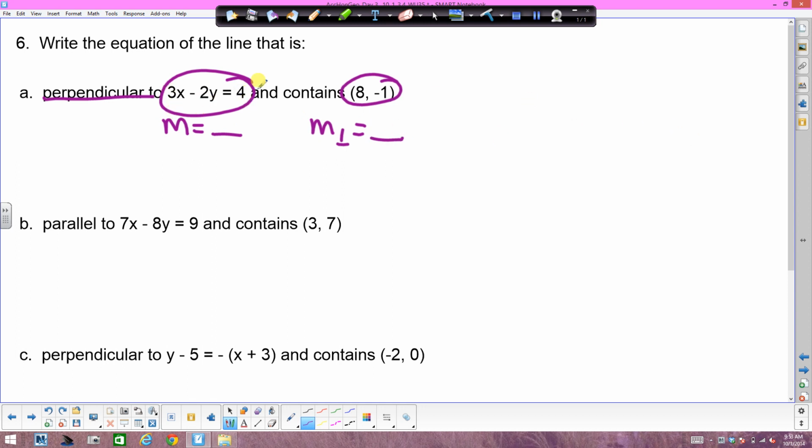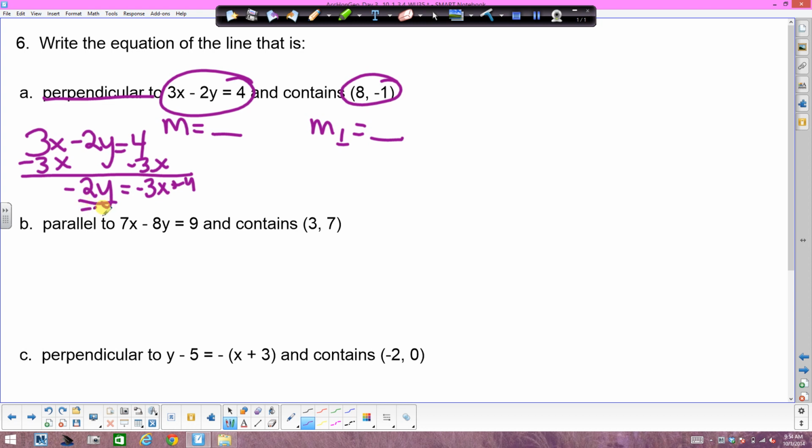So if I want to find the slope of this, I'm going to need to solve for y, so that I will be in slope-intercept form so that I can determine the slope. So I'm solving for y, so I'm going to subtract 3x. And then we're going to divide by -2, which will give us y equals 3/2 x minus 2.